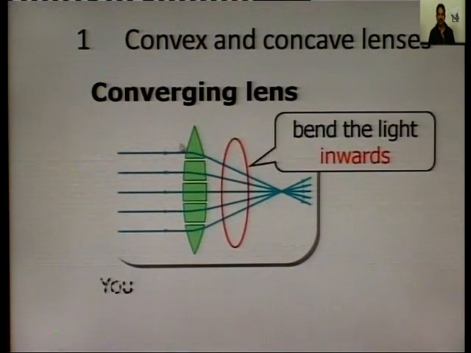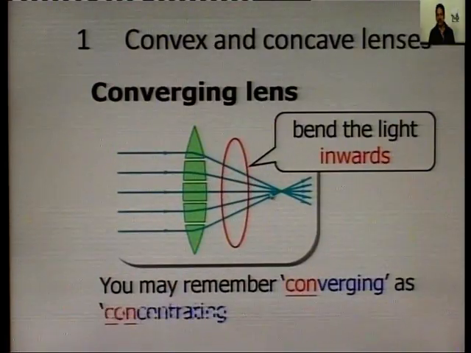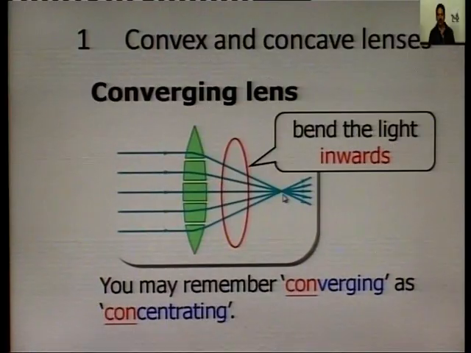The convex lens bends the rays of light inwards, and you may remember converging as concentrating. What is this convex lens doing? This convex lens is concentrating the rays of light at a point. So, converging can be understood as concentrating.